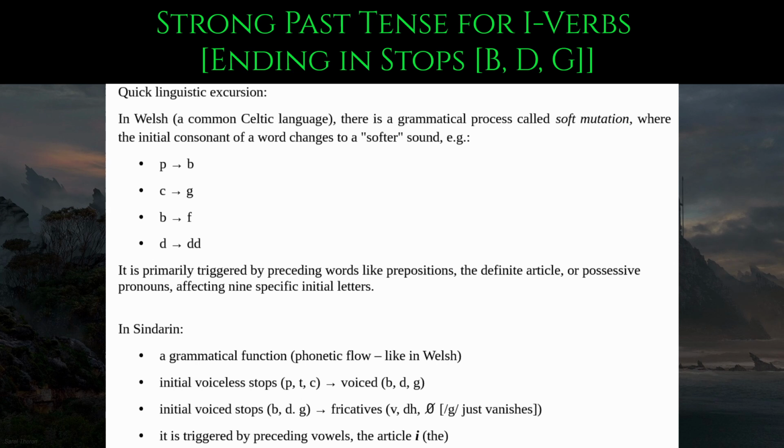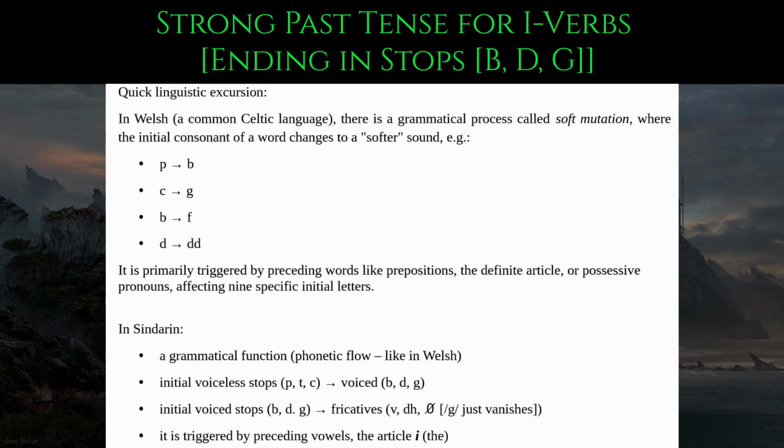Now, a quick linguistic excursion here. In Welsh, which is a common Celtic language, there is a grammatical process called soft mutation, where the initial consonant of a word changes to a softer sound.